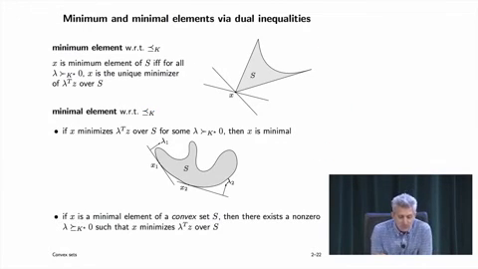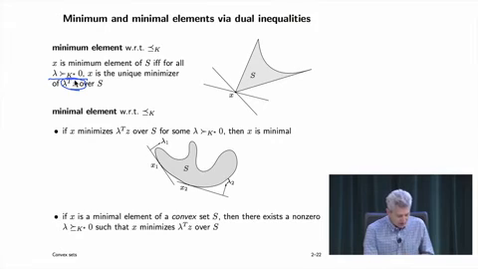Well, there's a connection between minimal elements. Remember, these are the two extreme ideas of minimizing something with a vector inequality. One is this: if you have a minimum element, it's characterized the following way. If you take any dual positive vector lambda and minimize lambda transpose z over the set, you always get the minimum element.